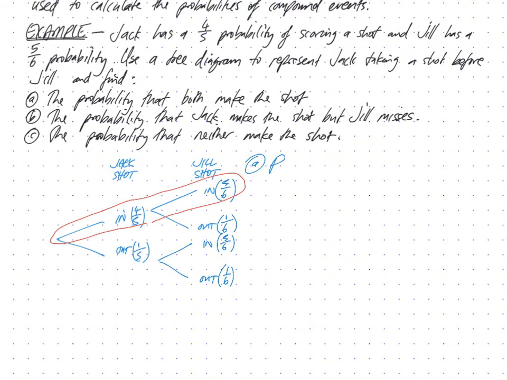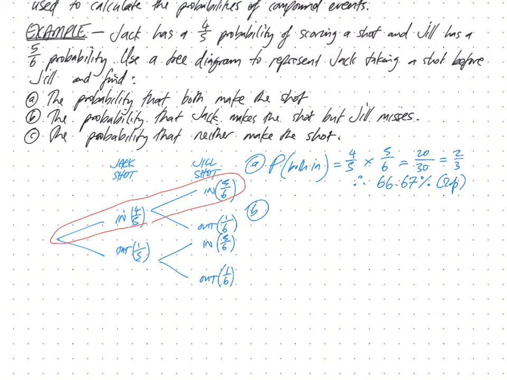So the probability both in is going to be, what's the probability of Jack getting it in? 4 over 5 times the probability of Jill getting it in, 5 over 6. So 4 times 5 is 20, 5 times 6 is 30, 2/3 chance, therefore it's 66.67% chance to 2 decimal places.